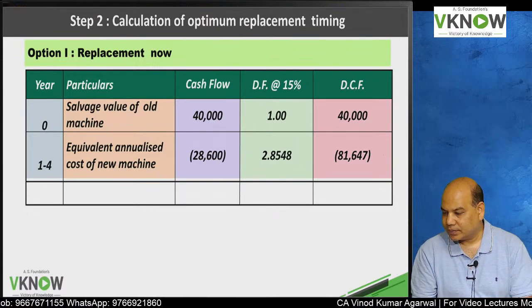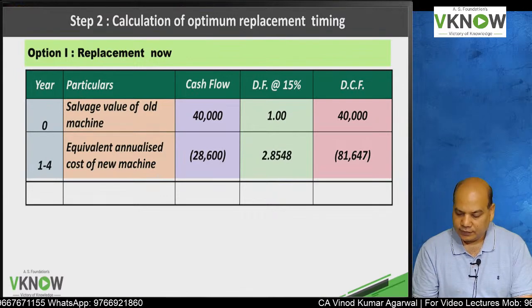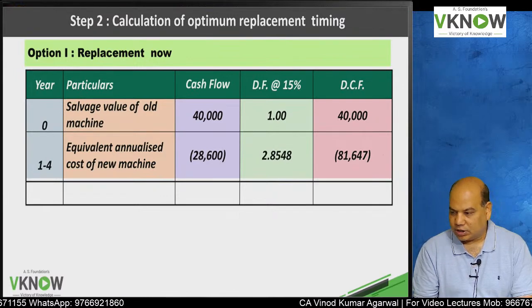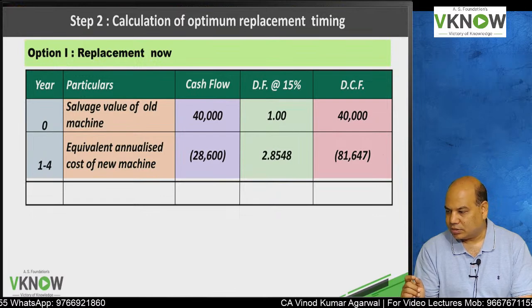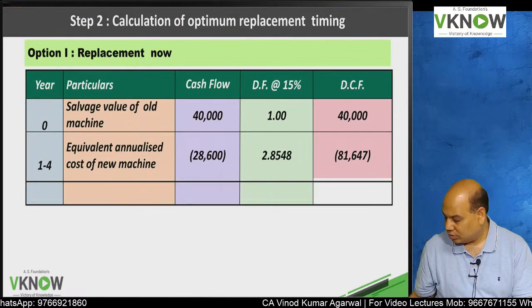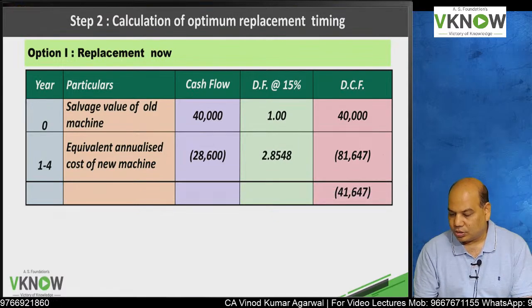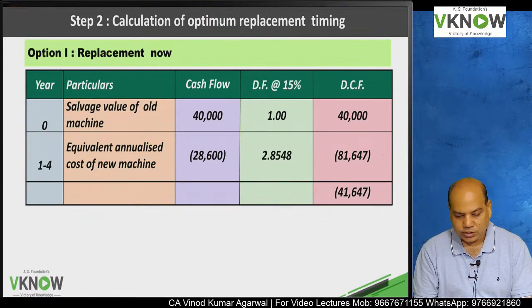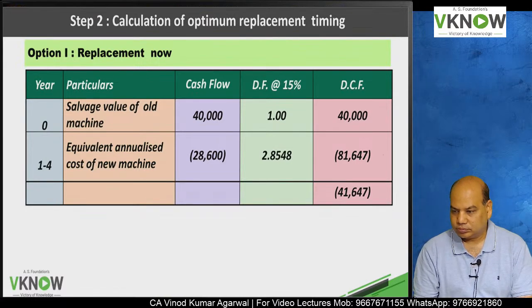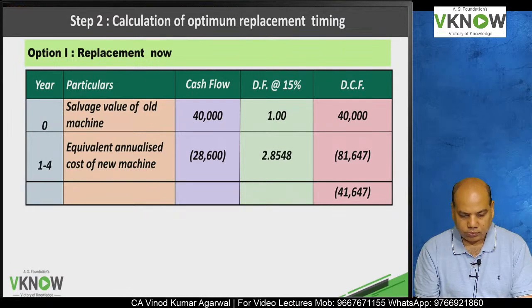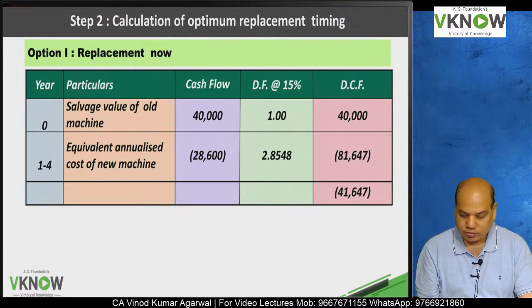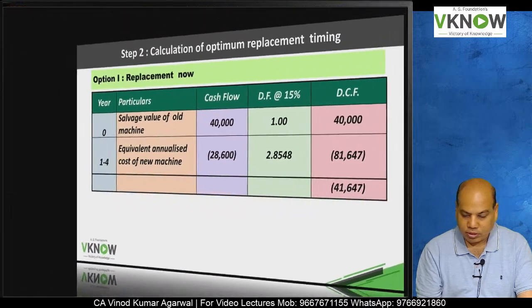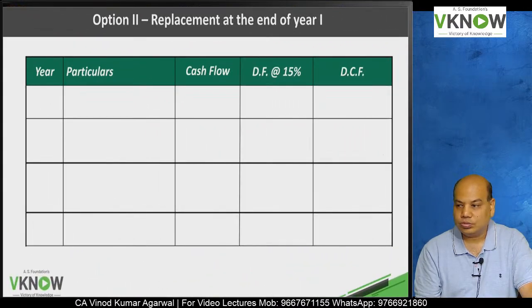Just check, is it right? Multiply: 81,647. Very good. Therefore your present value is 41,647.